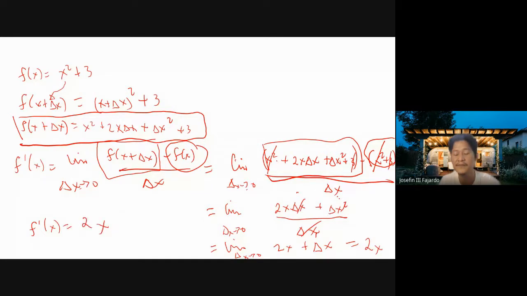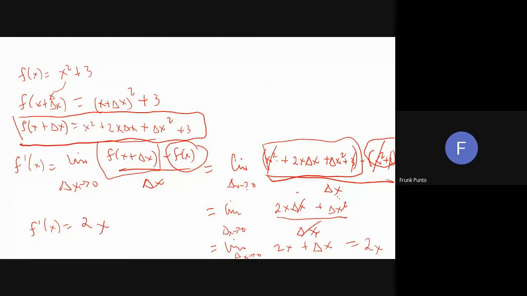Okay? Di ba medyo mahaba yung pinatunguhan natin. Pero if you go to the theorems on getting the derivatives, this will be very simple. Naintindihan ba yung process on how we use the definition in getting the derivative? Yes po, sir.